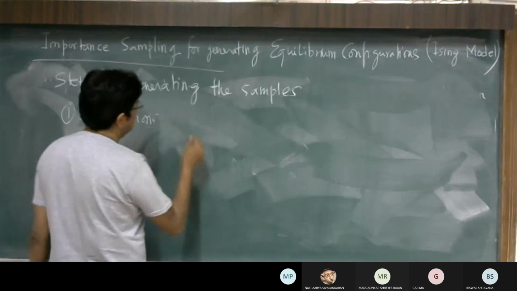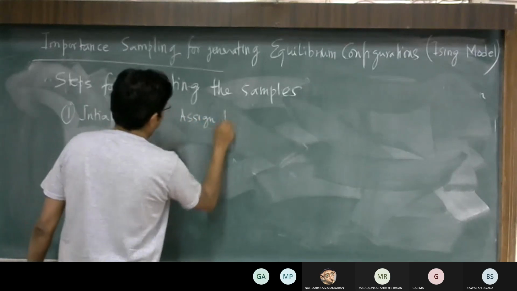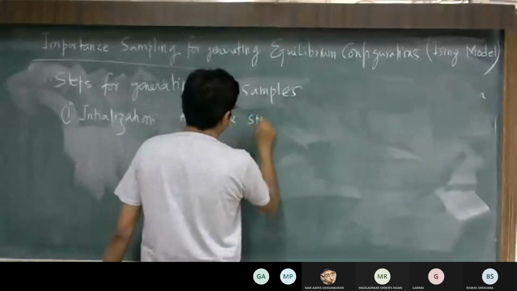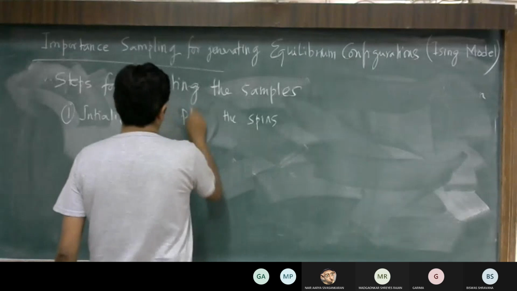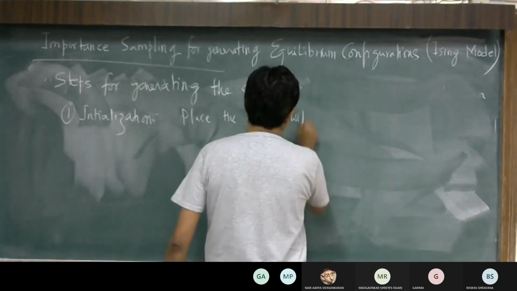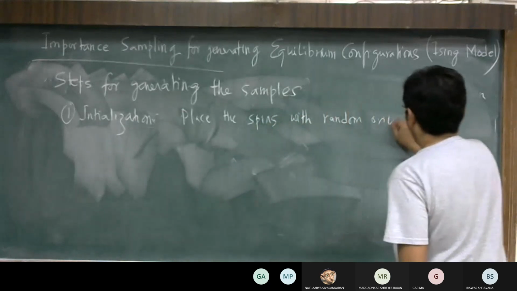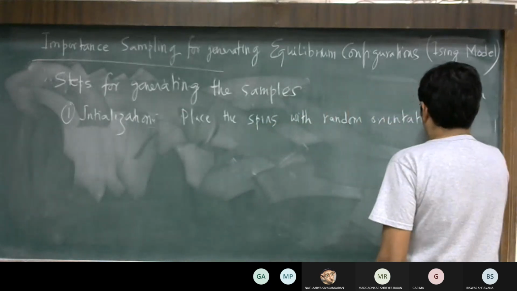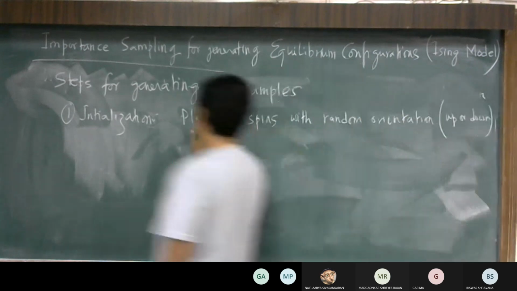And for initialization, all you do is assign, or rather place, the spins with random orientation. By random orientation, that means you either place them up or down. That means +1 or -1 at each lattice site.